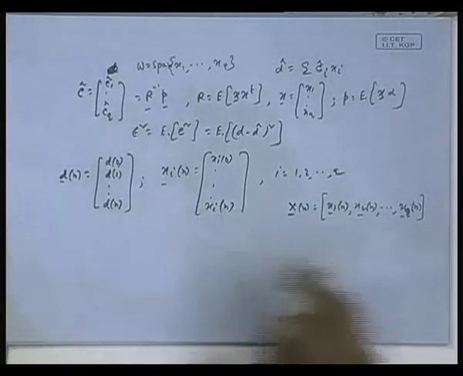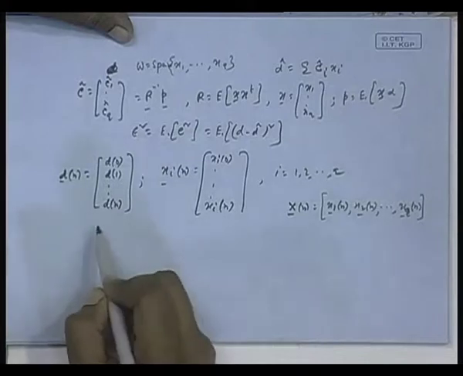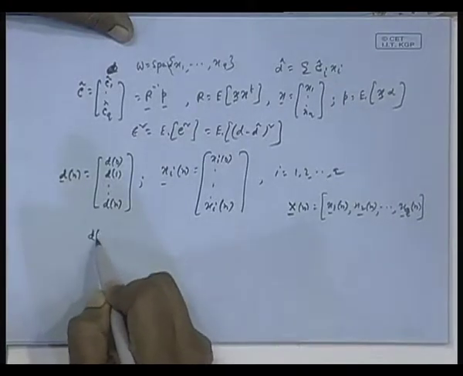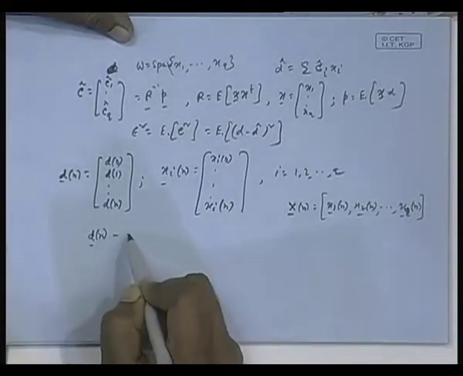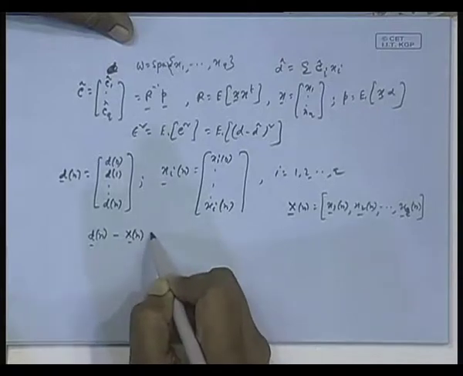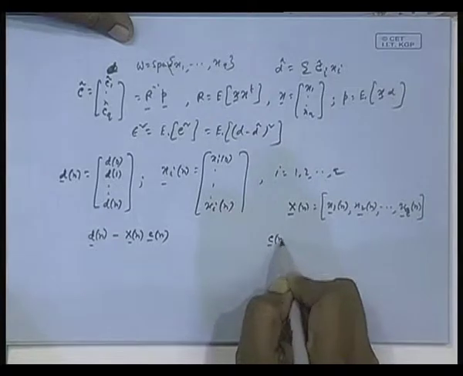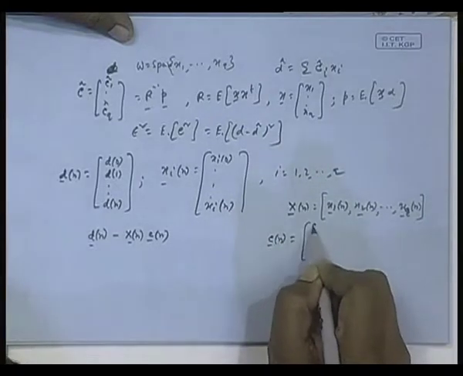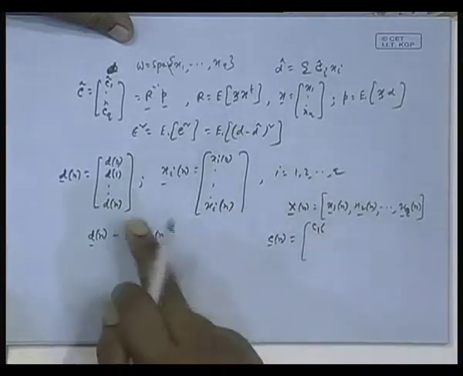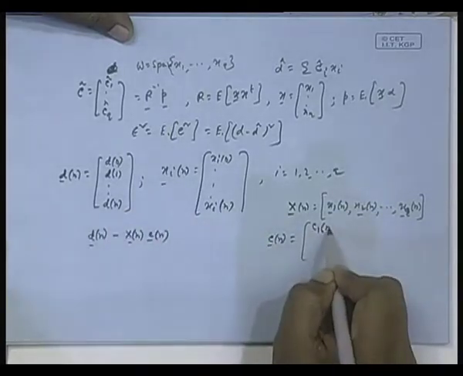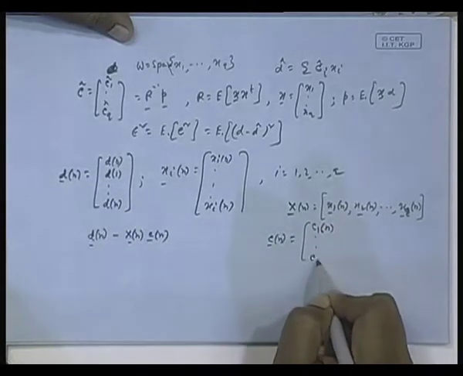Then what I said, that if you minimize this, if you take this matrix x n into a vector c n, where c n consists of some linear combiner coefficients, but since I am using data up to nth index, I am putting an index n, c1 to cq n.